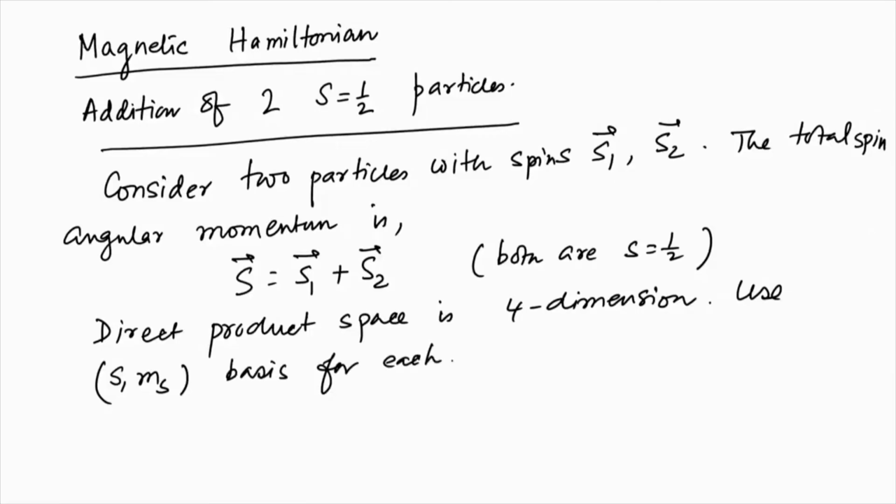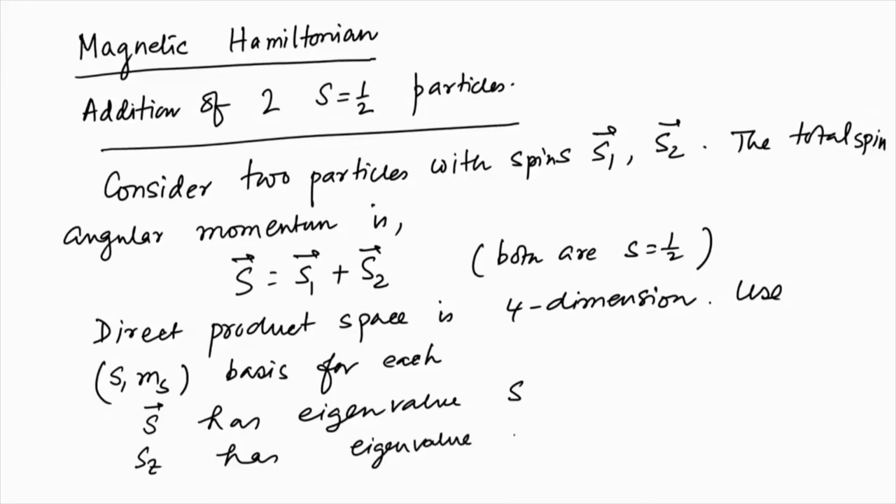So, what I mean by that is that the spin operator S has eigenvalue S, and Sz has eigenvalue MS. So, we can form the basis of each of the particles by this S, MS.